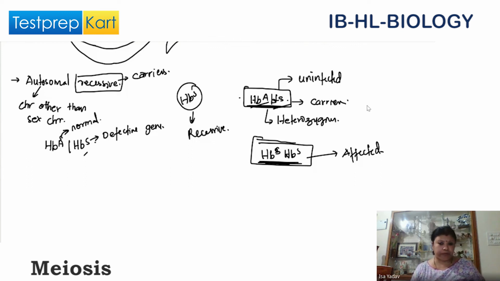So now let us see chromosomes in the lower forms. We'll now study different types of chromosomes: chromosomes in the prokaryotic cell and chromosomes in the eukaryotic cell.